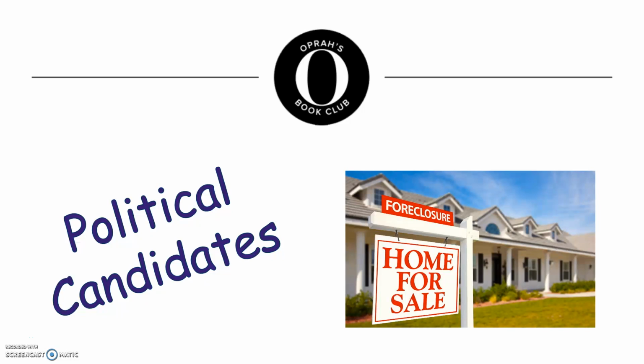So candidates will package things very neatly into like three steps, or they'll have campaign slogans that are catchy. They may use celebrities to endorse them, right? So you might have celebrities endorsing a candidate or newspapers endorsing a candidate, and people follow suit because they don't think deeply about the issues, right?